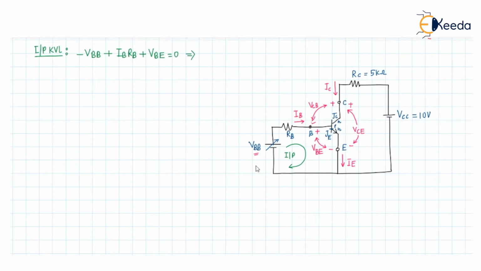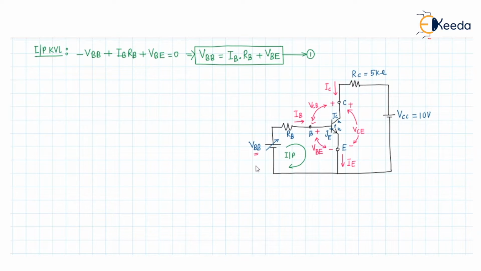From this equation, we can find that VBB is equal to IB into RB plus VBE. So this is the first equation that I get from the input circuit KVL. I am denoting it as equation number 1.